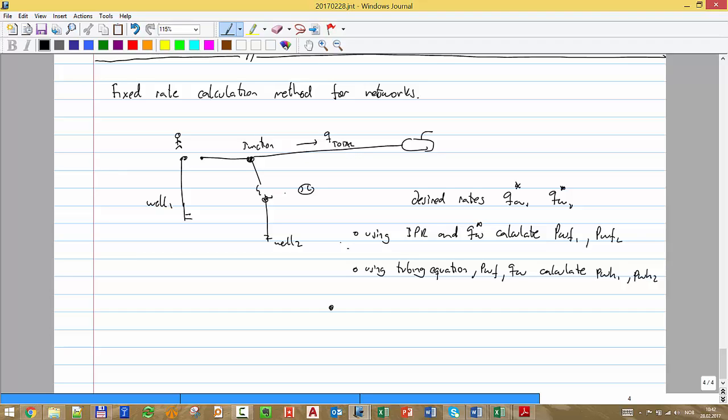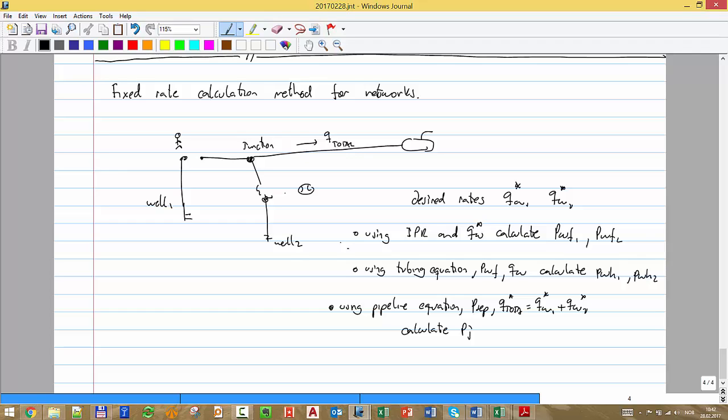Okay, so using the pipeline equation, P sep and the total rate, where Q total is equal to Q well 1 plus Q well 2, I calculate P at the junction.